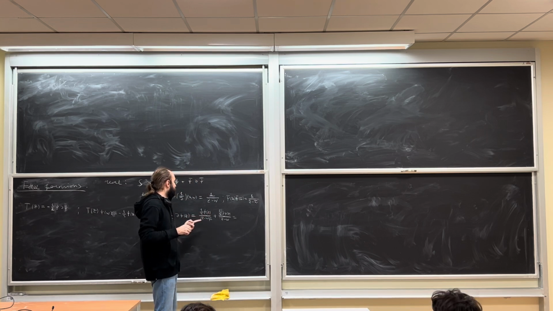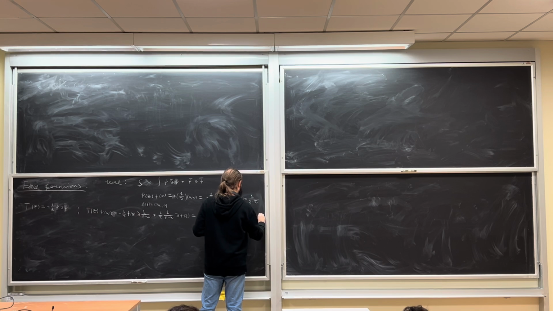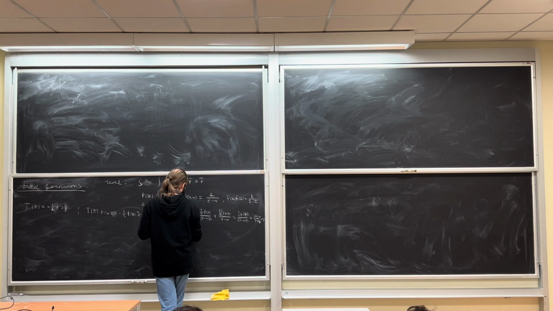So if we now expand it around w, it will give 1/2 psi of w over z minus w squared plus d psi of w over z minus w plus regular. And here also plus regular.